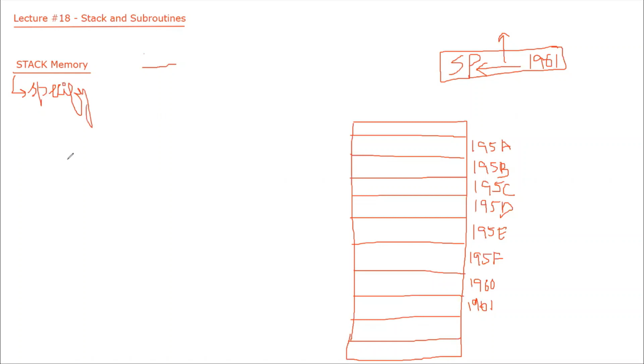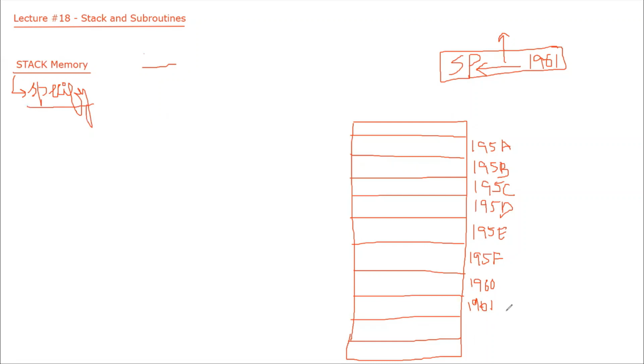So a programmer specifies the location of a stack in memory. You have to remember this. In microprocessor 8085, the location of a stack in memory is specified by a programmer. It is not specified by the microprocessor itself. So we have to specify from which address we will use the stack.